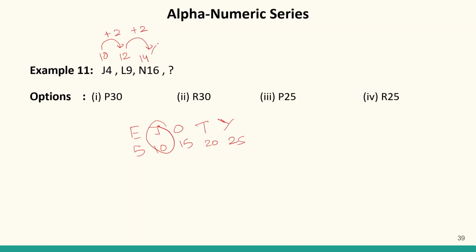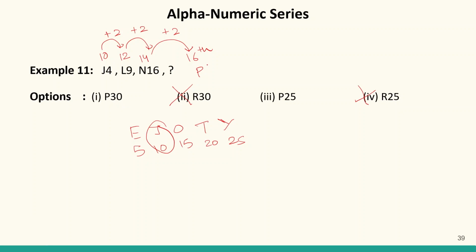So from 14, we have to also increase the rank by 2. So we'll get 16th rank. What is the 16th rank? 16th rank is B. Now based on elimination, we can eliminate these 2 options. Now we have to find the answer between these 2 options. So elimination does half the work.